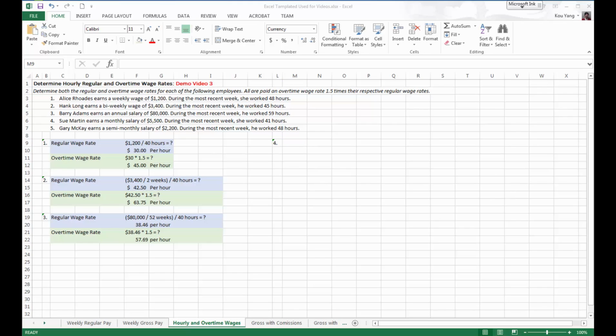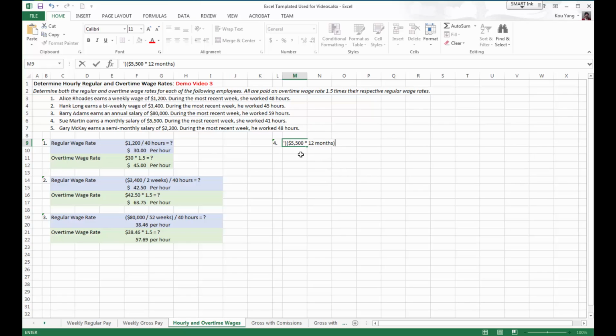I'm going to take her $5,500 monthly salary and multiply it by 12 months, because she gets paid monthly, so there are 12 months in a year, or she gets paid 12 times in a year.